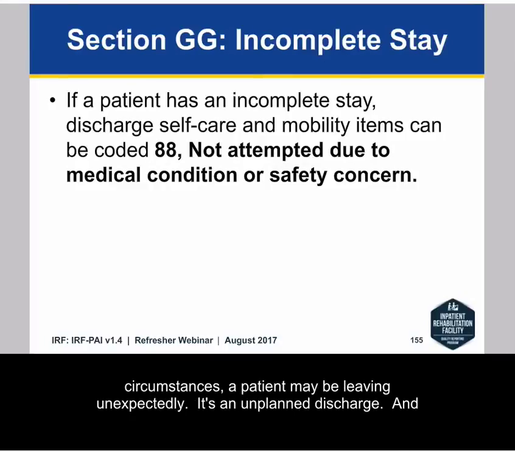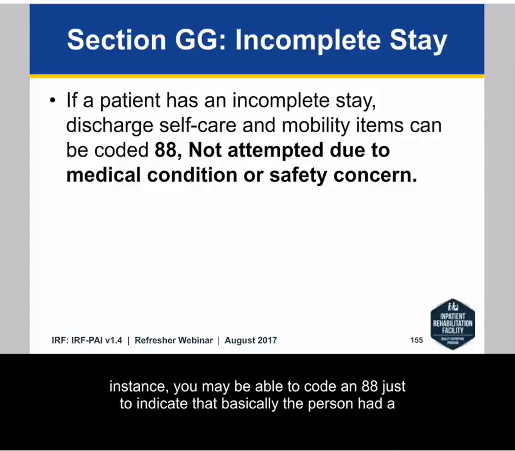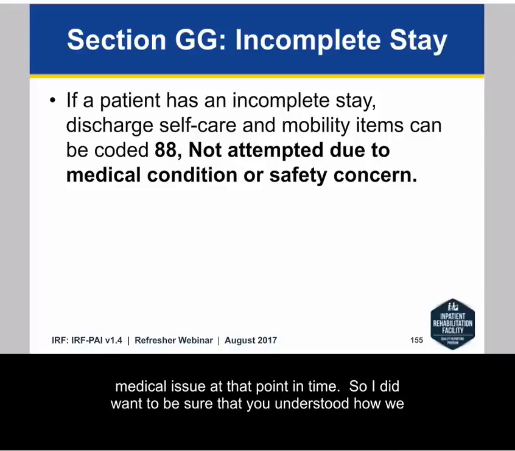It's an unplanned discharge, and the person may be going to acute care, perhaps critical access hospital, and in this instance, you may be able to code an 88 just to indicate that basically the person had a medical issue at that point in time.